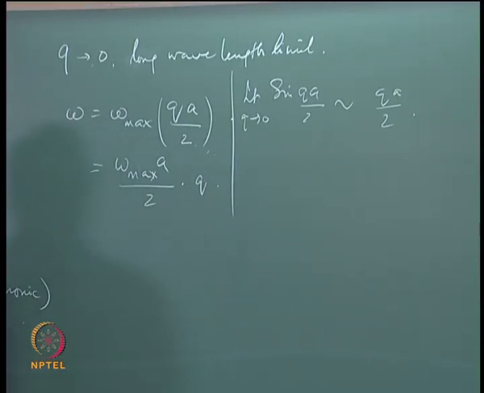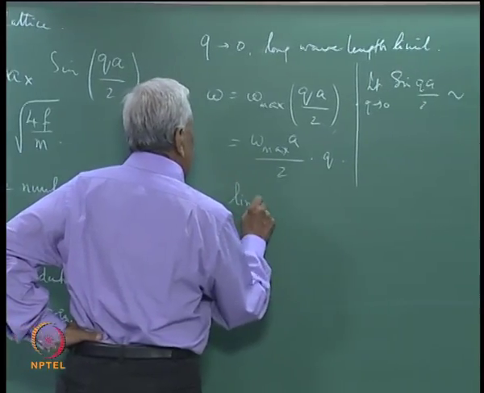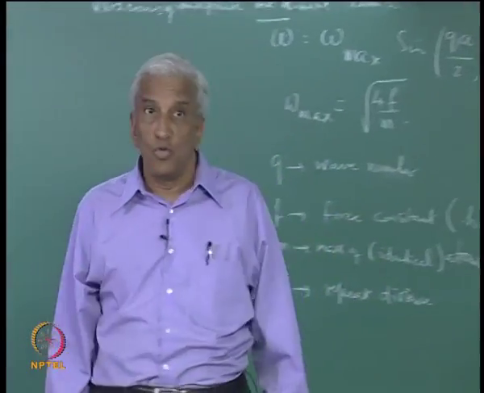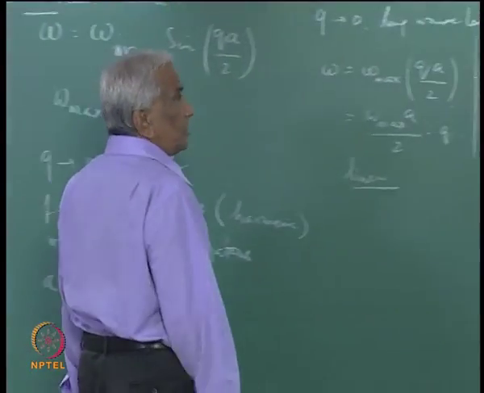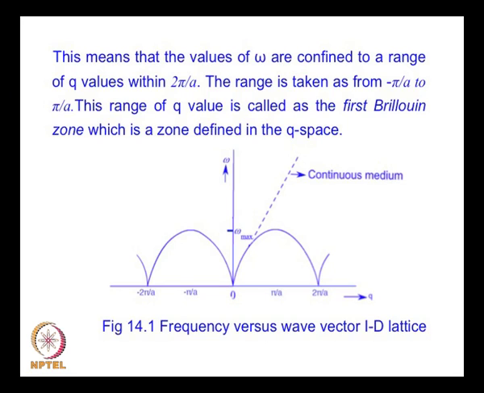So, a constant times q is a linear relationship, very much like the standard sound waves. So, in the long wavelength limit, the dispersion relationship gives you a linear dispersion relationship, which is shown in the figure.